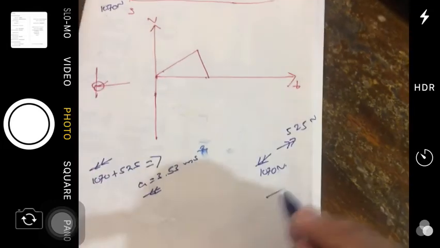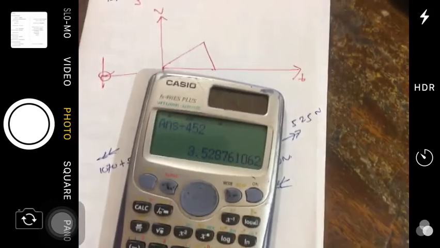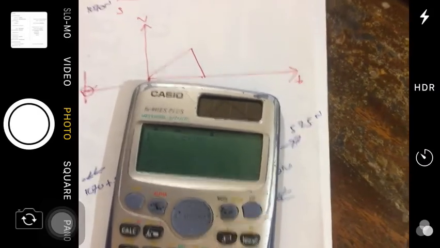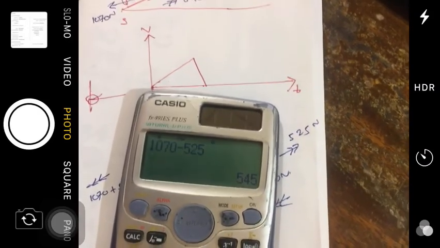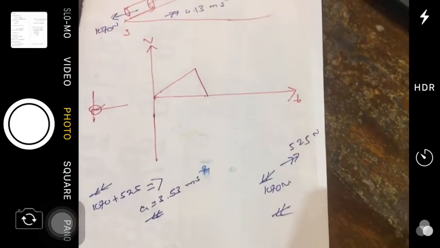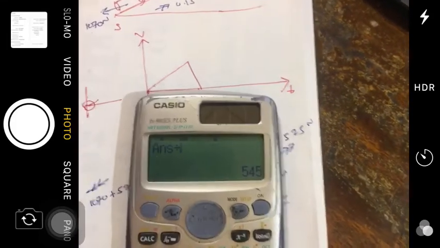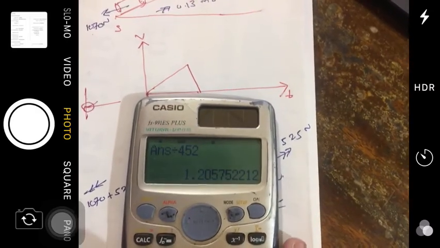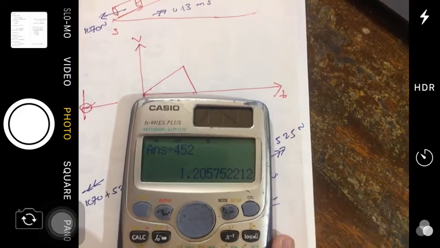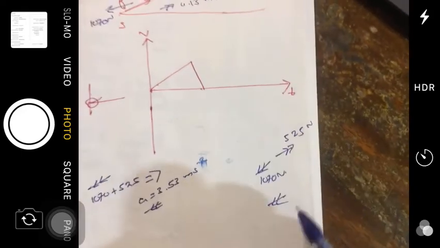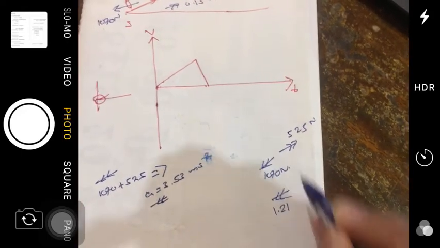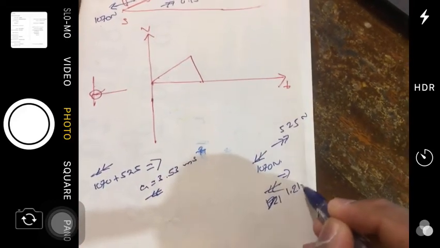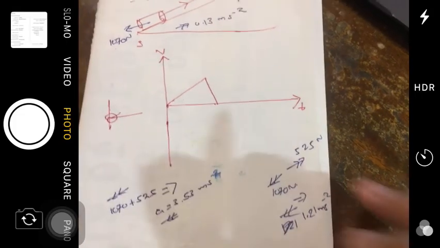So the resultant of these forces would be 1070 minus 525, that would be 545, divided by the mass of the log, that is 452. That gives you 1.21 meters per second square. So this resultant force will give you an acceleration now that is equal to 1.21 meters per second square.